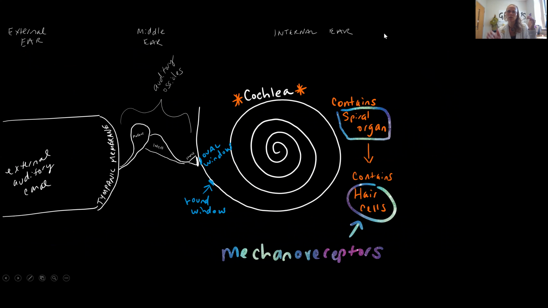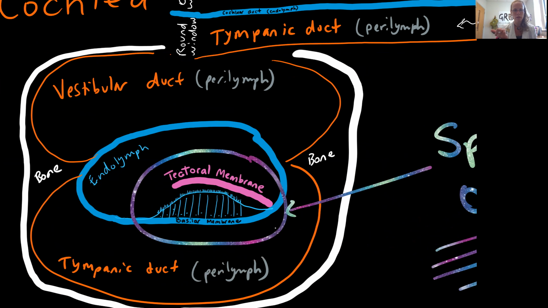Okay, so my idea here is you have your vestibular duct, which is full of your perilymph, and then you have your tympanic duct, which is full of your perilymph. And then you have in the center here, you have your cochlear duct, right? And it's full of endolymph. And you also have kind of, lining this area here, you have what's called the spiral organ. Okay?